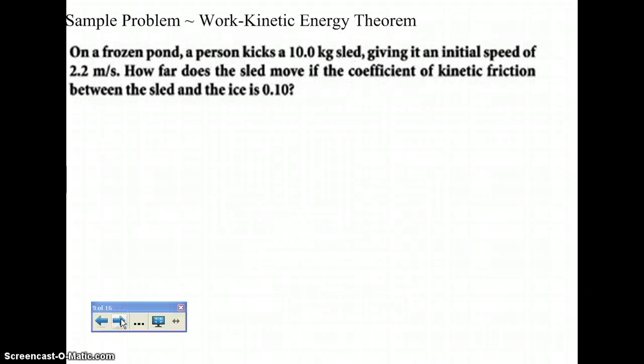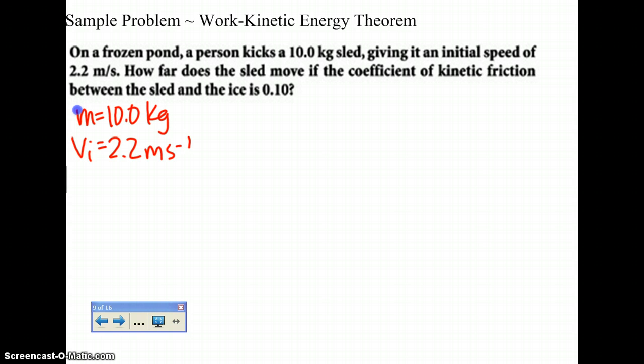So with this sample problem, we go into this knowing that we have a mass of 10.0 kilograms. You have an initial velocity of 2.2 meters per second. You have a final velocity of 0 meters per second. You have a mu k of 0.10. You have a theta of 180 degrees.